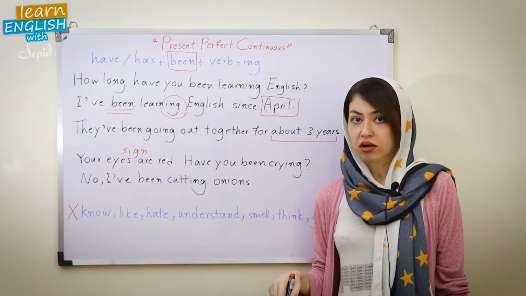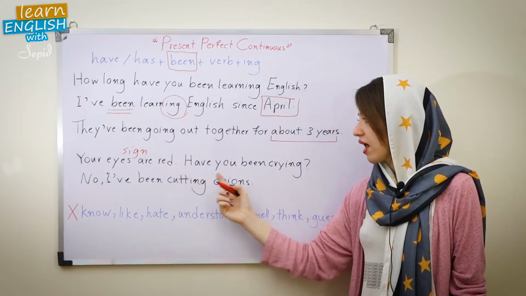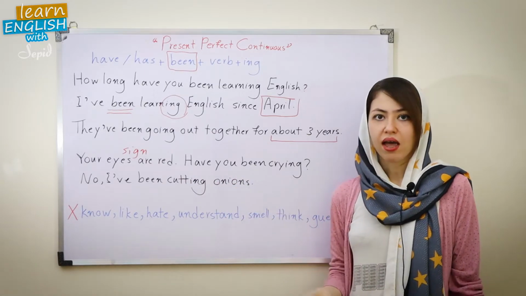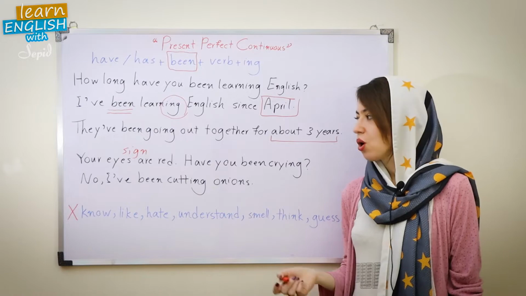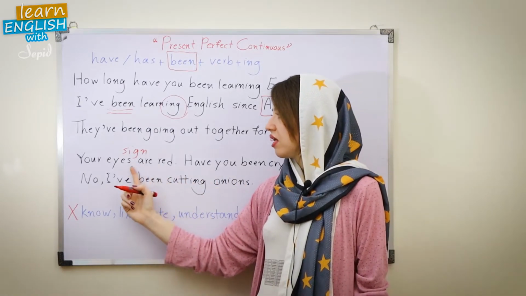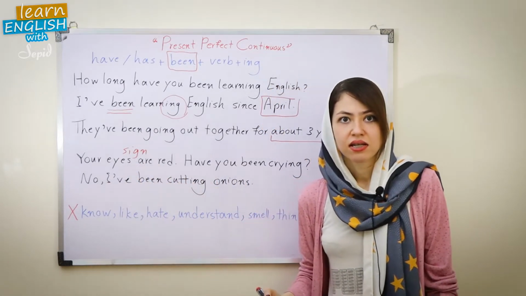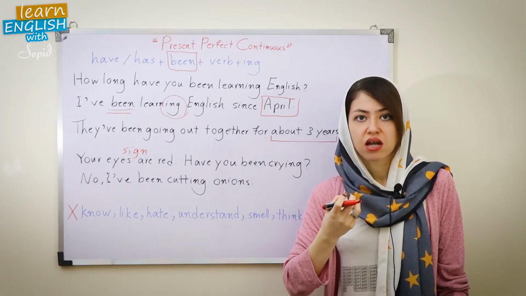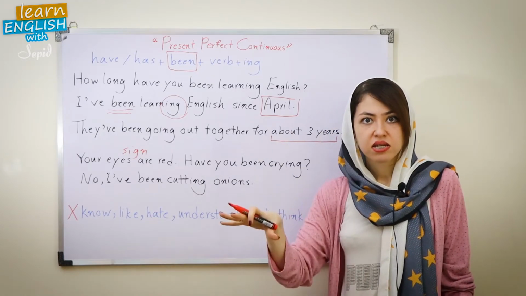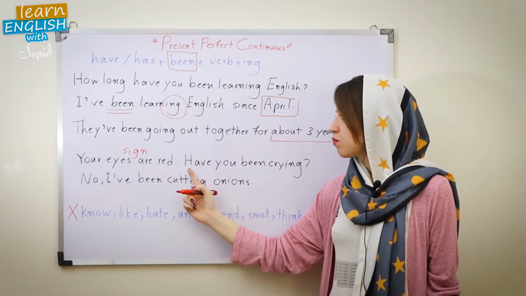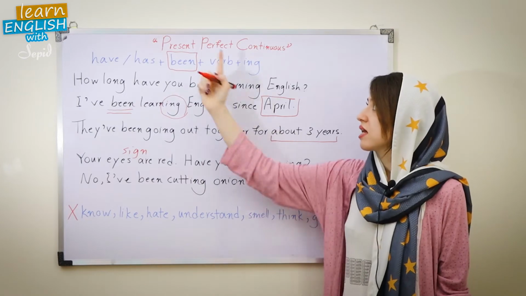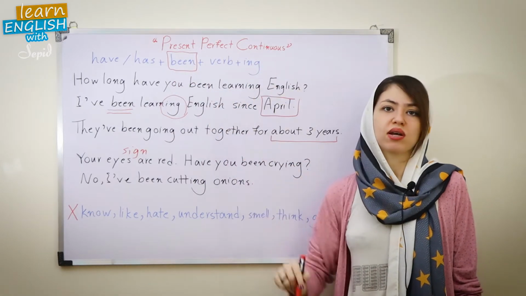Okay, or we can ask this question: have you been crying? If there is a sign somewhere, on somebody's face or in a place, the question that pops into your mind must be in present perfect continuous tense.